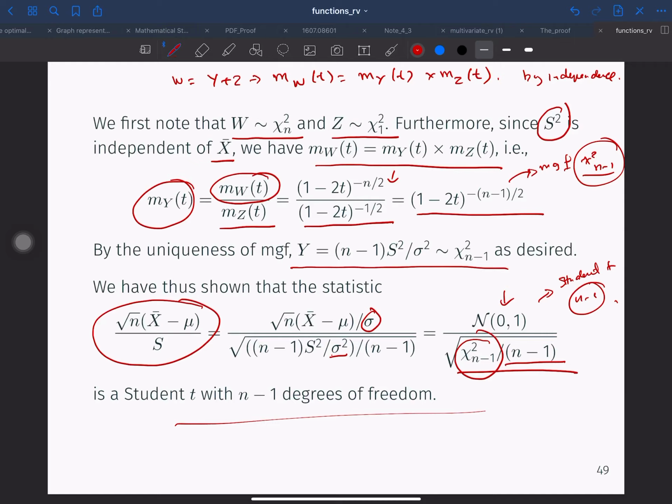So this derivation here is, I would say, quite sophisticated. But we see that it includes everything that we have studied in the last few weeks.